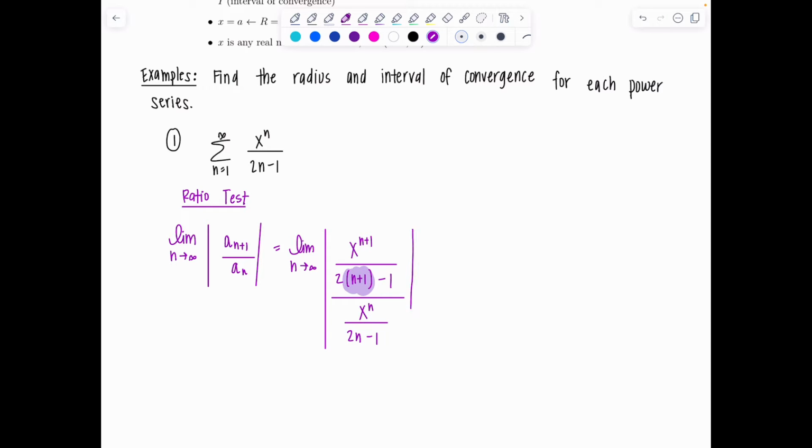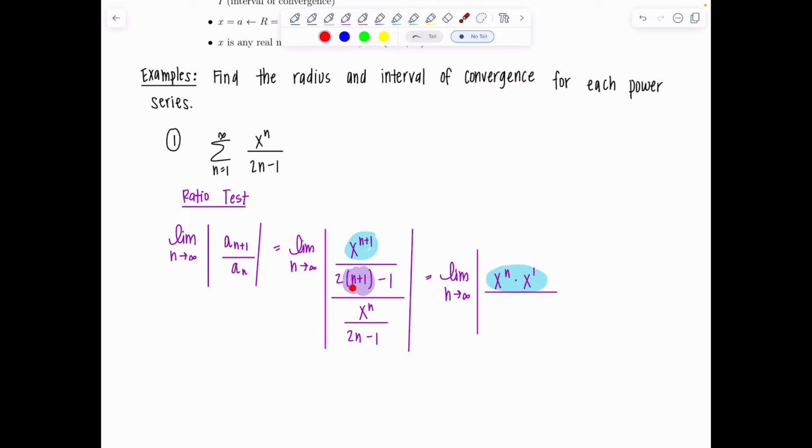How we doing? Good? Okay, clean up time. Limit, n goes to infinity, absolute value. x to the n plus 1, I know I'm going to have some sort of cancellation situation coming up, so I'm going to break it up into x to the n times x to the first. And then this denominator, let's clean it up.